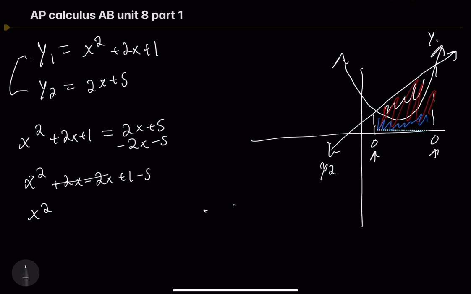These will cancel each other out, and you'll be left with x squared minus 4 equals 0. And now this is basic algebra from here. This would end up being x minus 2, x plus 2, and then you know the zeros equal 2 and negative 2.